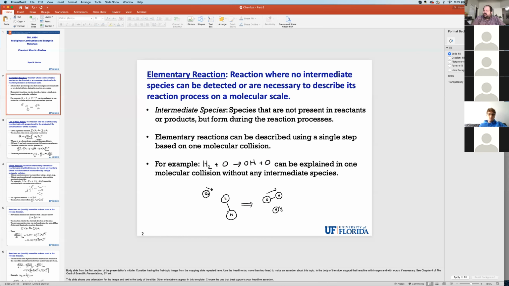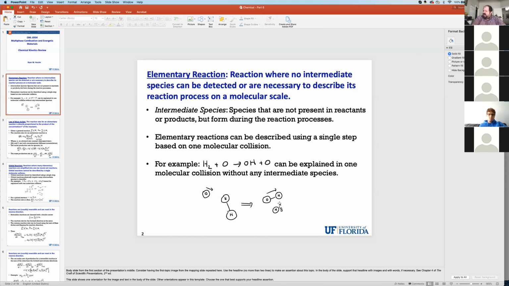Assuming this O atom is moving fast enough, there's going to be enough kinetic energy from that O atom striking this H atom that it's going to shatter this bond. You can think of this bond like a spring. There's going to be enough kinetic energy that it's basically going to break the spring that is holding these two H atoms together.